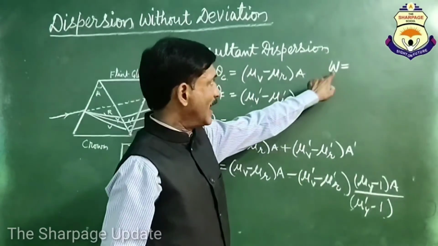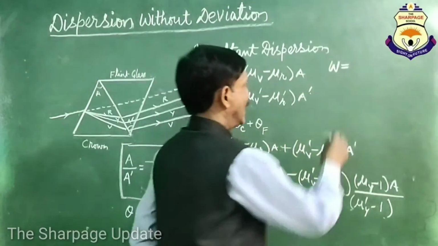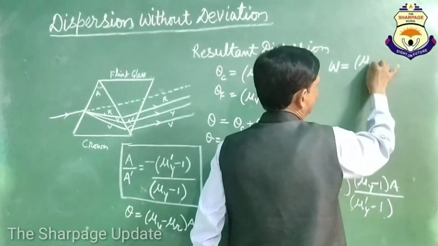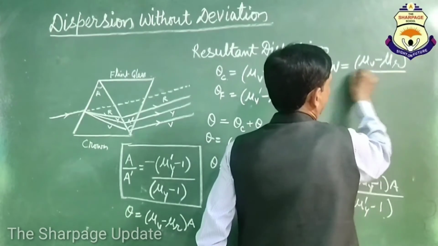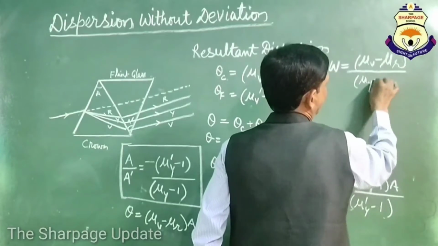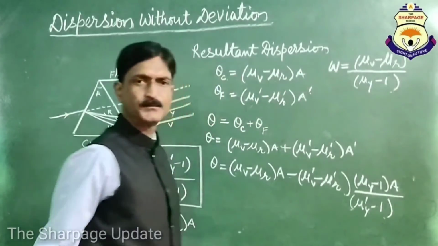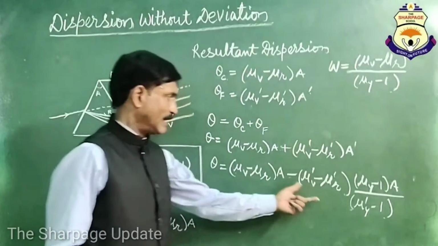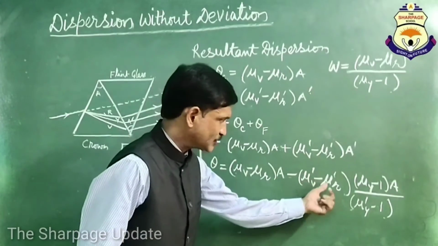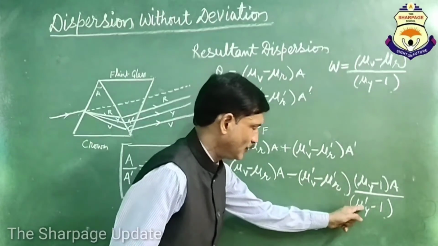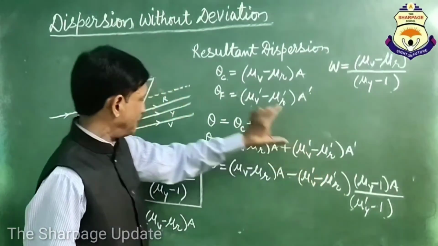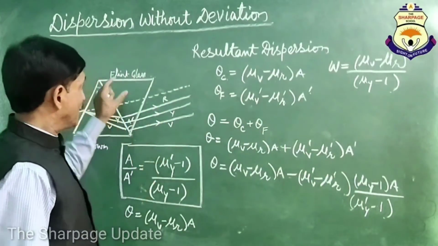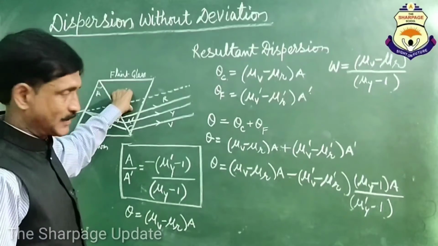Here, omega represents dispersive power, and the relation for dispersive power is mu v minus mu r upon mu y minus 1. So, now you can see here, mu v dash minus mu r dash upon mu y dash minus 1 will be the dispersive power for the flint glass prism.